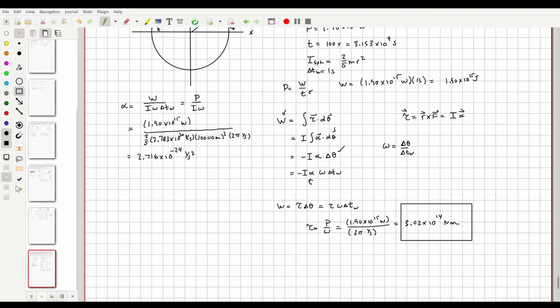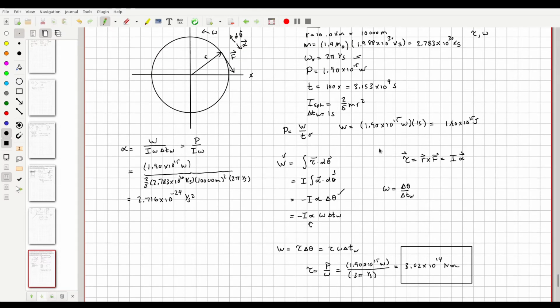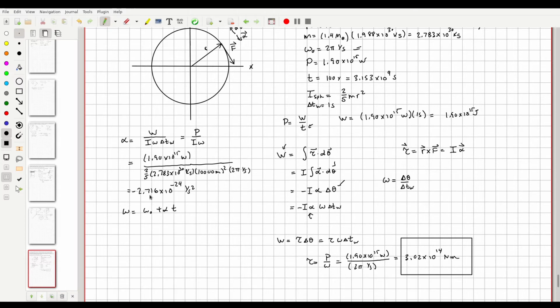And now we have our angular acceleration, and we can use that to find the change in omega over 100 years, right? So here's what we got. I would probably use omega is equal to omega naught plus alpha times t, noting the fact that my alpha here really is negative because it's clockwise.